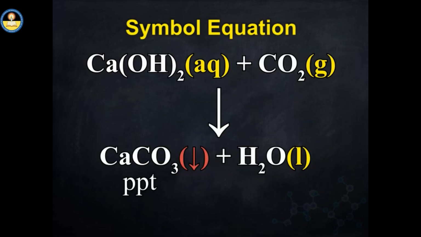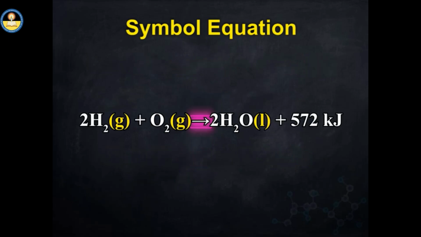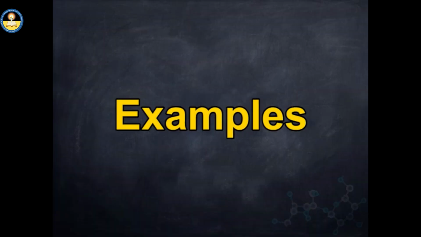An arrow pointing downward after the formulae of any product indicates that it is precipitated out and settles down, or that it is insoluble in that medium. The arrowhead points towards the products and shows the direction of the reaction.